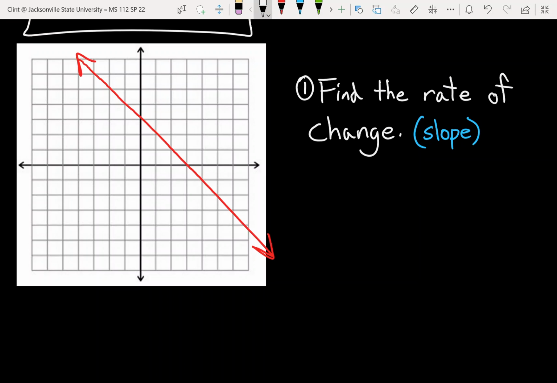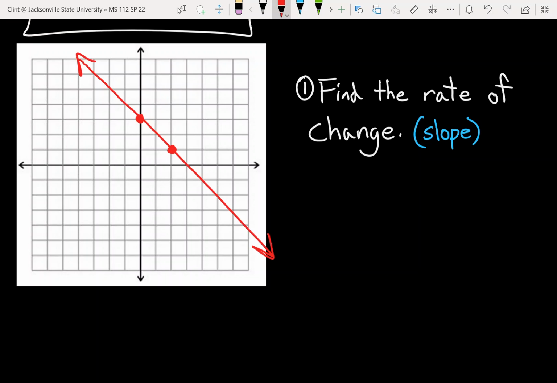All we need to do is find a couple of points on our graph, and then we can count the slope. So there's a point on our graph. Maybe here's another point that the line goes through. You can do this with any 2 points where the line crosses right on the corners of the grid. It doesn't have to be 2 that are right beside each other. Just any 2 will work.